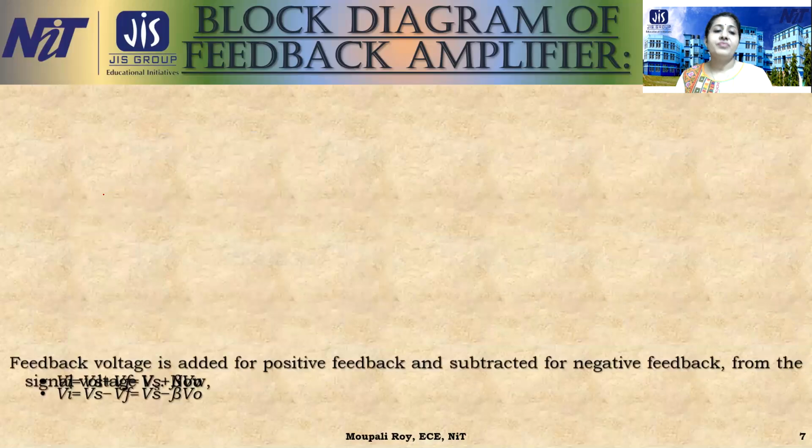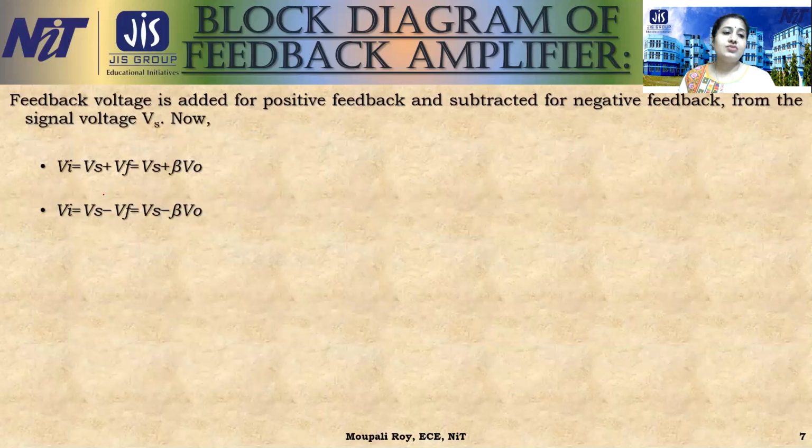This theta E we can denote as Vs there. The feedback voltage is added for positive feedback and subtracted for negative feedback from the signal Vs. So now we can write Vi is equal to Vs minus Vf. Vf is equal to beta V0.